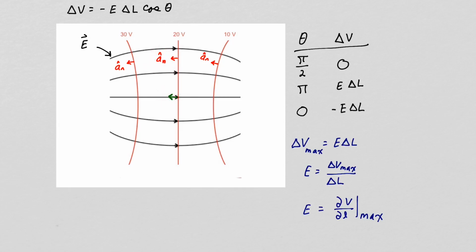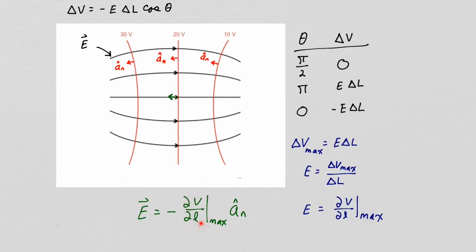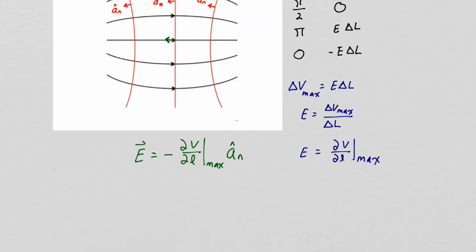So the electric field intensity is the maximum value of partial of V with respect to L, and its direction, minus this unit normal vector, is opposite the direction of maximum increase of electrical potential. This function right here is called the gradient of the potential. So the electric field intensity is equal to minus the gradient of the potential.